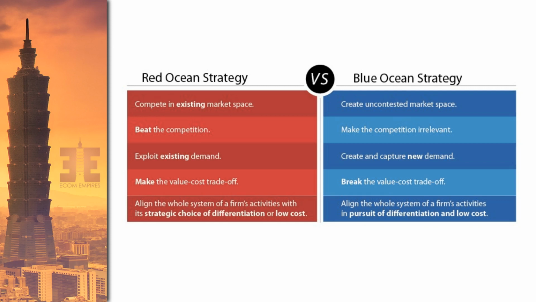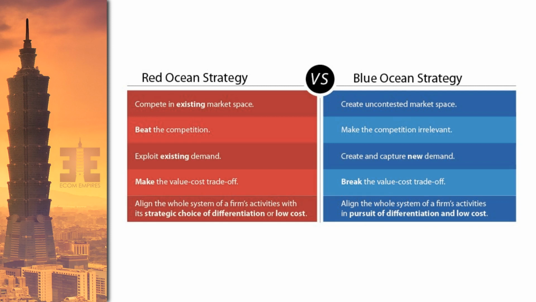All right? Value cost trade-off. Basically the idea of value cost trade-off. This is where I say that you can innovate on price, but it's got to be more of a value cost trade-off, right? And the value cost trade-off is when generally the higher something is in value, the higher the cost is, okay?